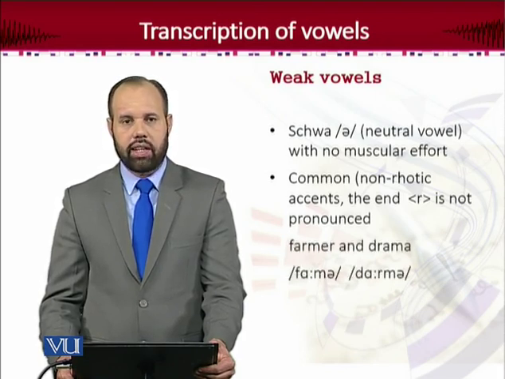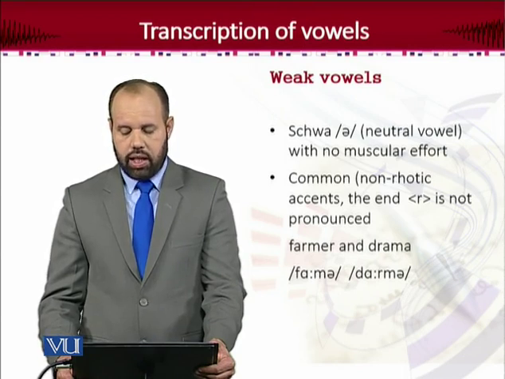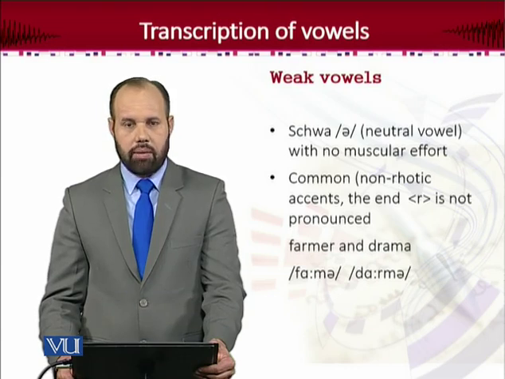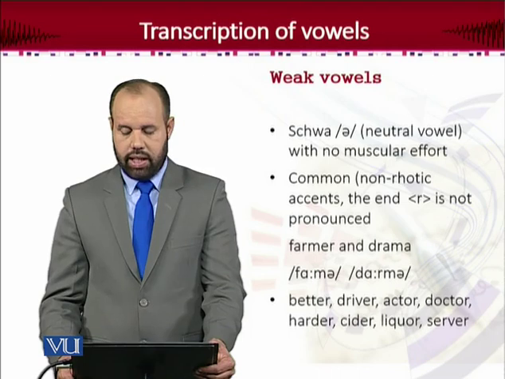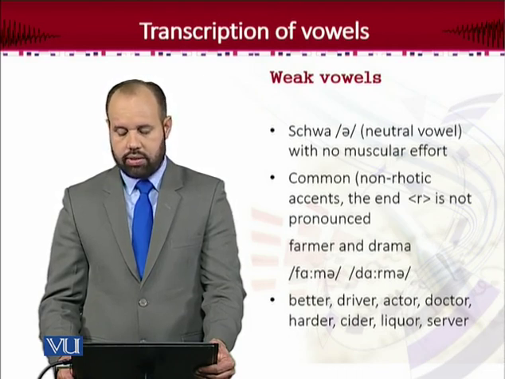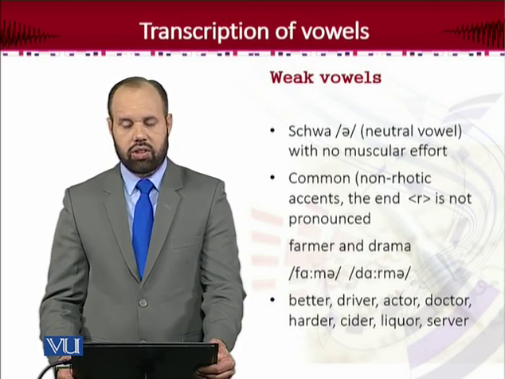Any word ending with the er sound, that er is replaced with Schwa, for speaking. When we apply this rule, farmer and drama become rhyming words, just because of the deletion of the r sound in farmer. It is also found in words like better, driver, actor, doctor, harder, cider, liquor, server. These are examples of Schwa sounds.